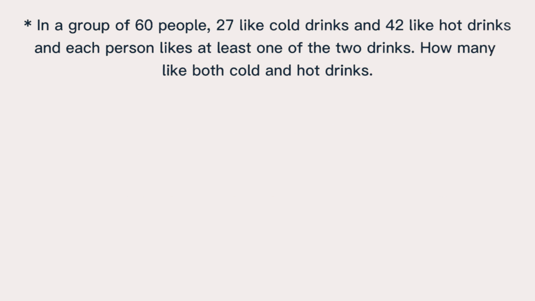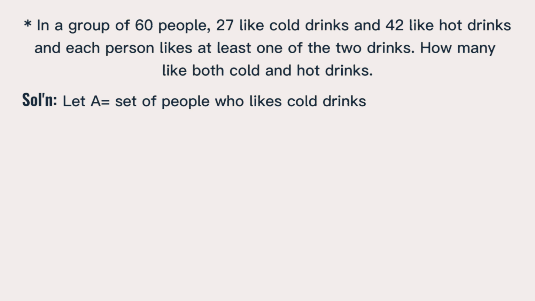In a group of 60 people, 27 like cold drinks and 42 like hot drinks. And each person likes at least one of the two drinks. How many like both cold and hot drinks? Solution. Let A be a set of people who like cold drinks and B a set of people who like hot drinks.